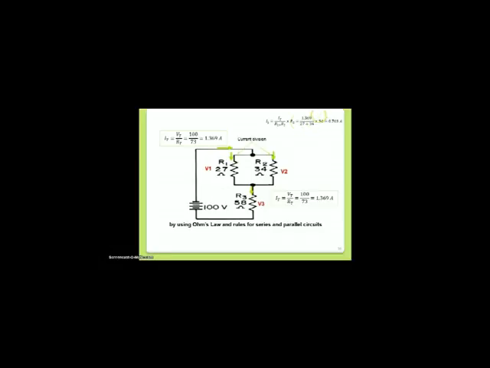Substituting the values, this current will be equal to 0.763 ampere. In a similar way, calculating I2, the difference is we use here the first resistance R1. The calculation gives 0.606 ampere. If you add the two currents, you will get the total current, which is equal to 1.369 ampere, the same current which we calculated as the total current.